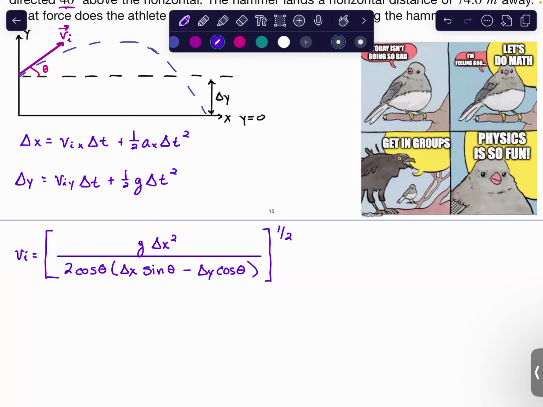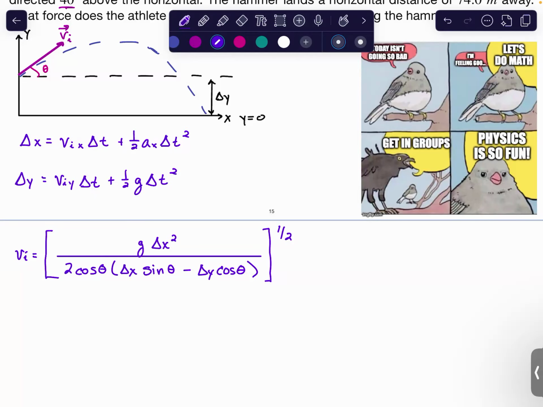Make X and Y equals the initial velocity. It's terrible. This one is for delta T.